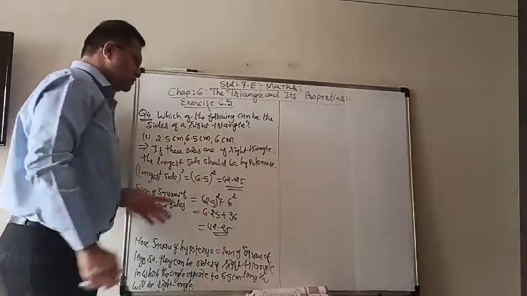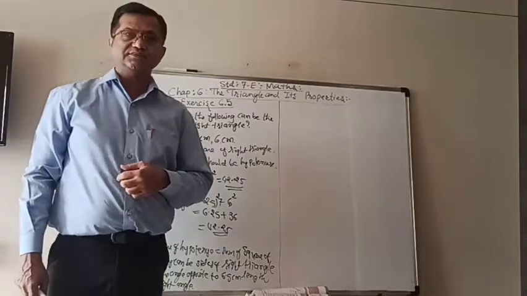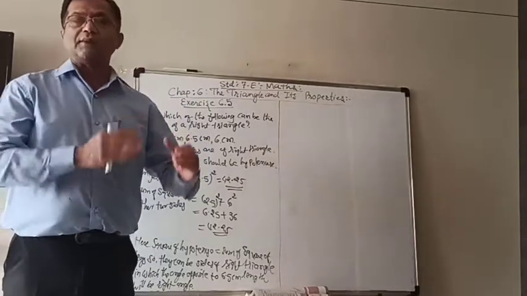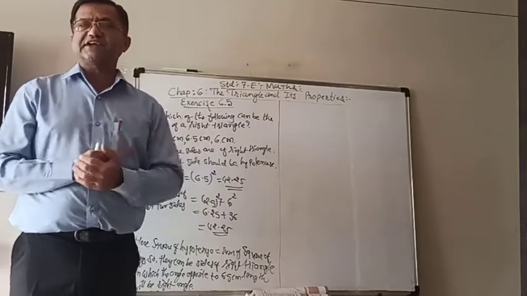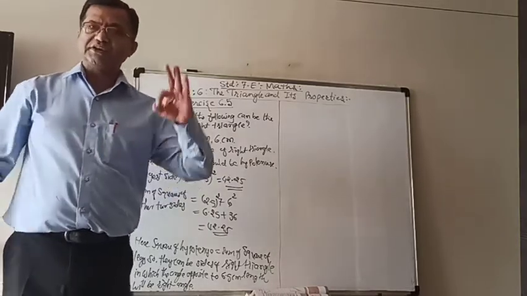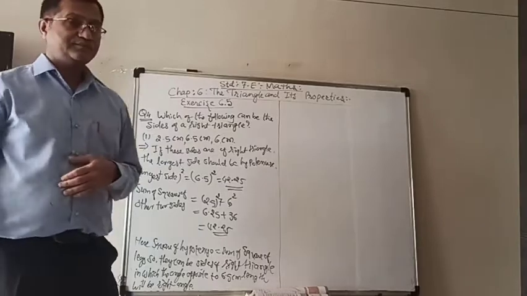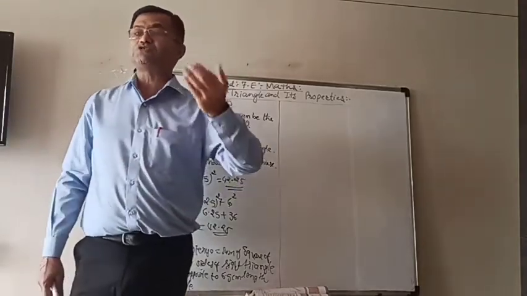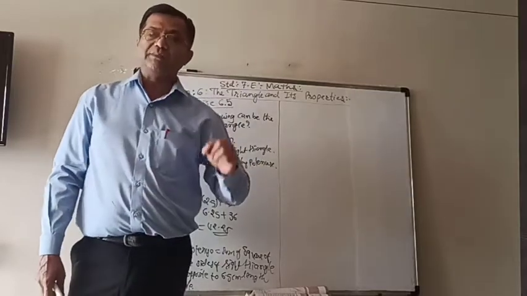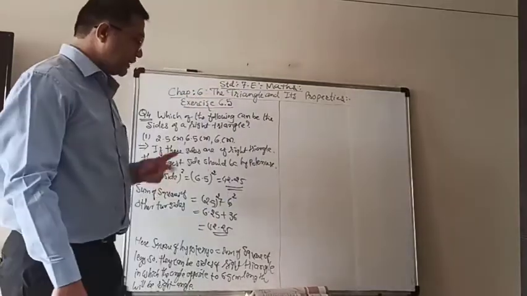So here what we have to do is check the square of the longest side and the sum of the squares of the other two sides. If the answers are equal, it represents a right triangle. And in this case, the angle opposite to the longest side will be the right angle.